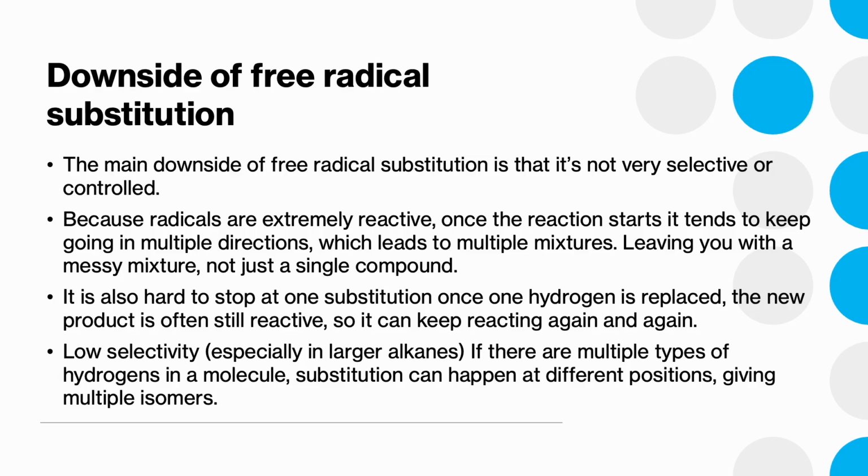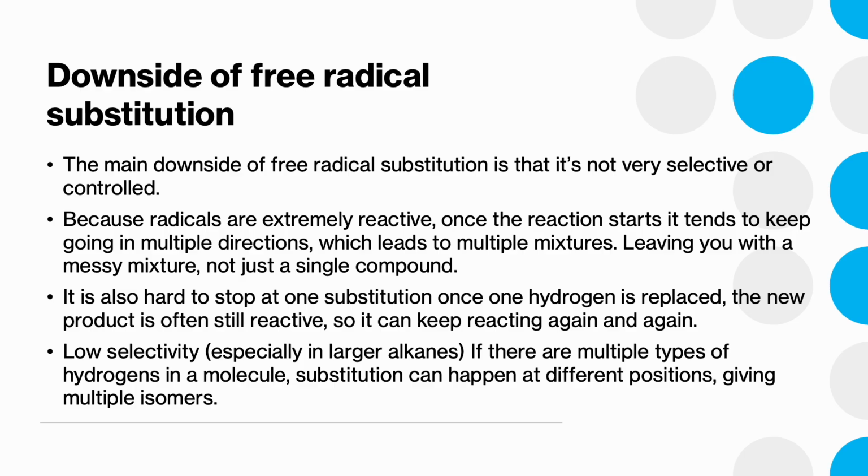But for radical substitution, it kind of just goes wherever, and you're going to get that major product, but you're also going to get a lot of minor products, and that leads to messy mixtures that have your major product in it, but it's not just a single compound. It's also very hard to stop at one substitution. Once one hydrogen is replaced, the new product is often still reactive, so it can keep reacting again and again, which is just going to get messy and not form the single compound that you want.